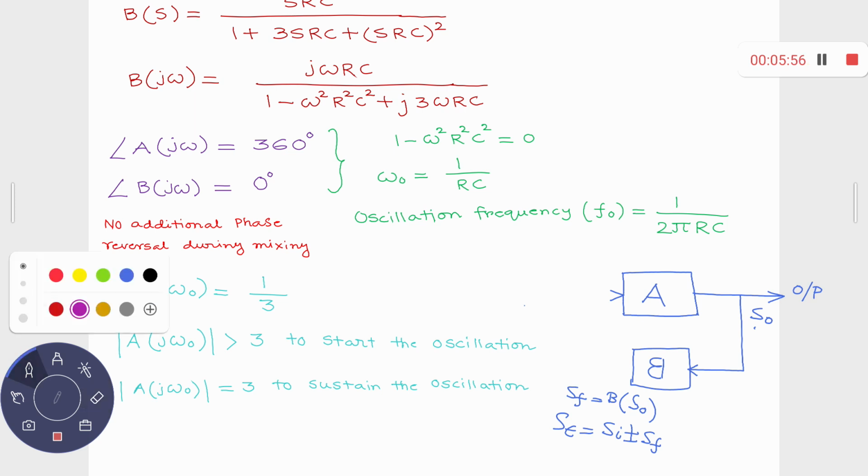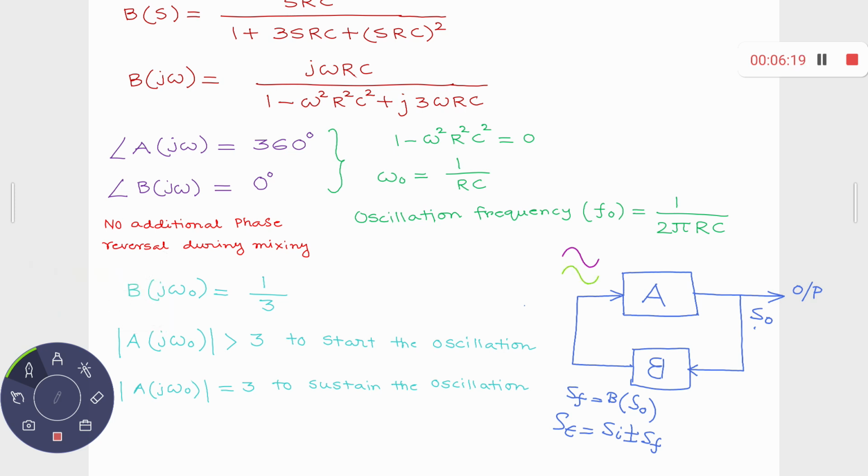For the oscillator circuit, this is modified like this. And now observe, suppose in the first instant the input to the feed network looks like this. In the second instant, the input is this.